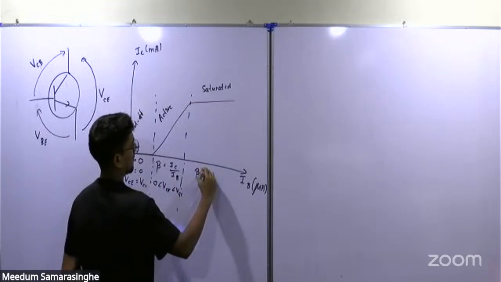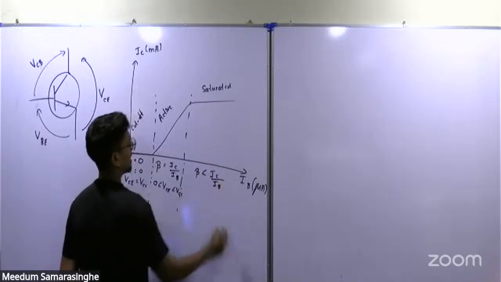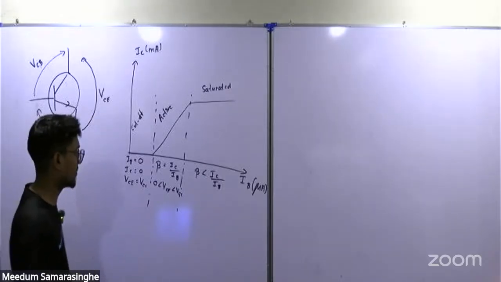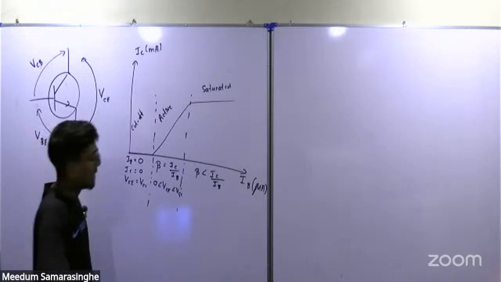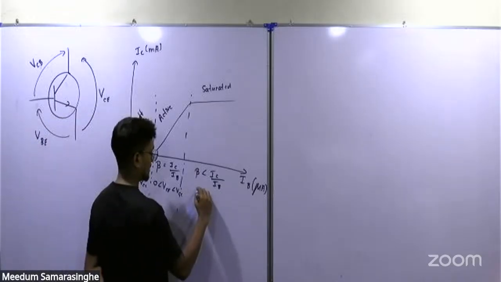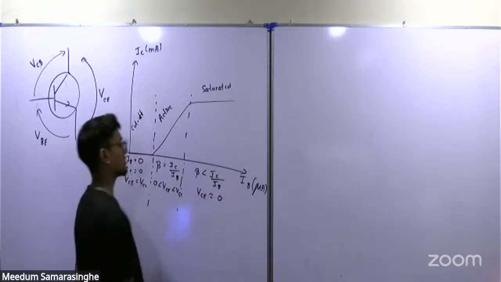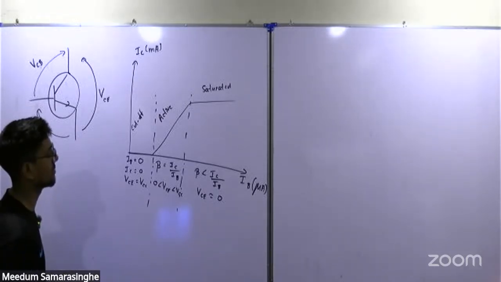Usually, when you take the ratio between IC and IB, that is greater than the current gain beta. And in the saturated region, VCE becomes approximately 0. The collector emitter potential difference is approximately 0.